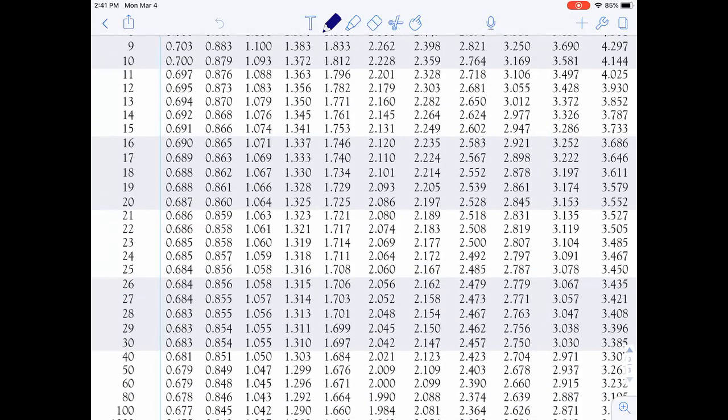Now, for t, we have to have at least 3 decimal places. We can handle more now, but we have to have at least 3, and that's just to match the t-table. So our number of decimal places is just dictated by the table that we're using.